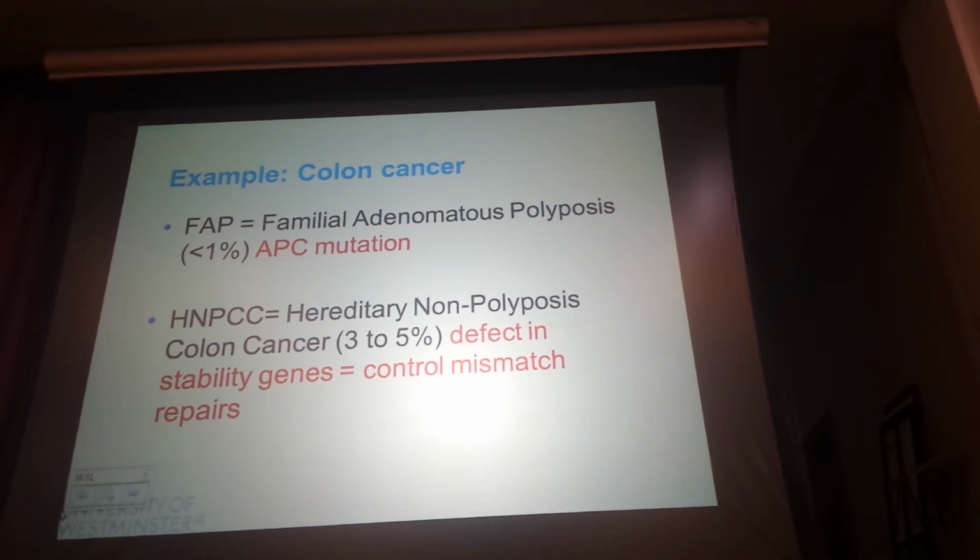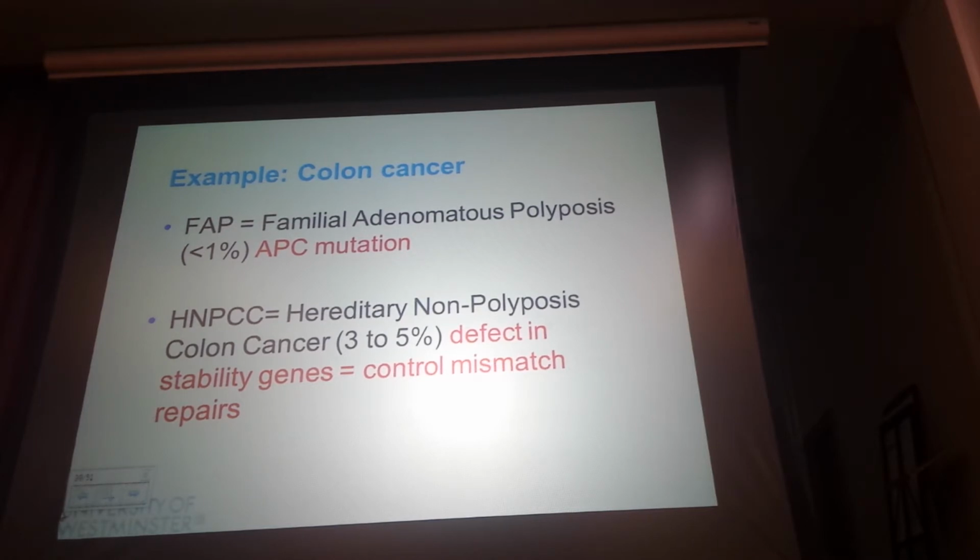So as an example, colon cancer. There are two different types of hereditary colon cancer. Actually, there are three of them, but the last one is so rare that I'm not going to talk about it. What you have also to remember, and I've said that already in the beginning, is that hereditary cancer is rare. It's less than 10% of cancers which are hereditary.